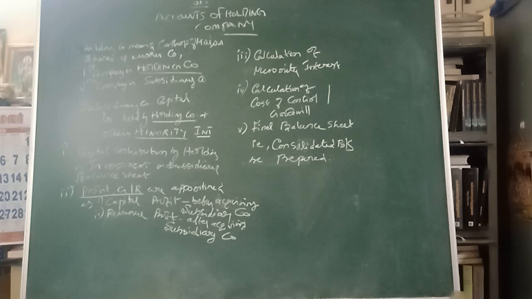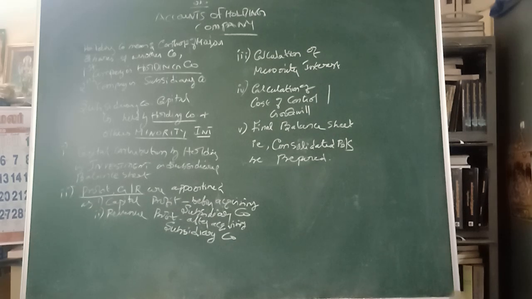What is the meaning of that? I invested 1 lakh rupees. The value of the shares taken over, the profits and revenues should be considered. If the value is favorable, then it is goodwill.